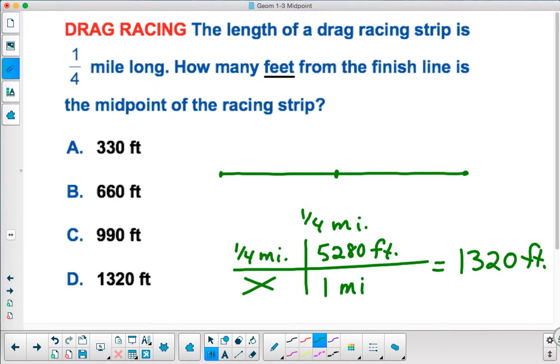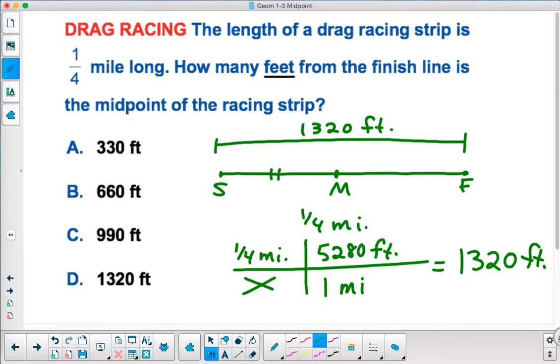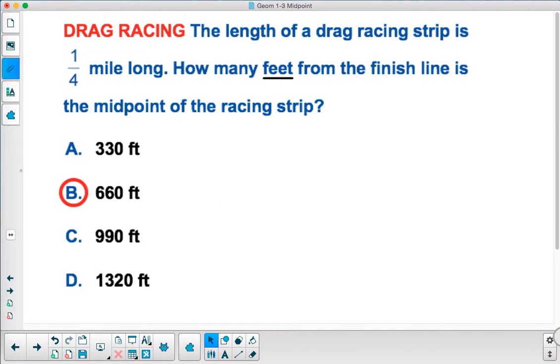So all I did was took 1/4 times 5,280 or divide it correctly. So now instead of miles, we're recognizing this whole distance is 1,320 feet. Now figure out how many feet from the finish line the midpoint is. And the answer to the problem, 660 feet.